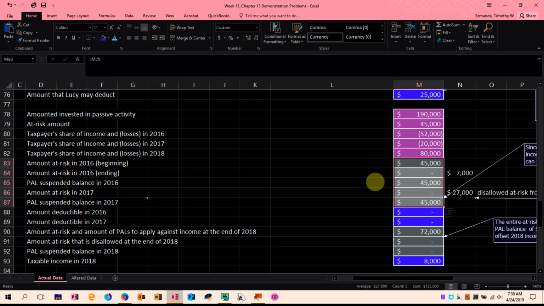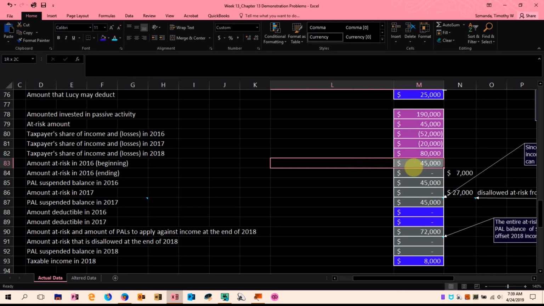Then the amount that gets through to the passive activity loss test, the PAL test, we also now have to track that balance of the suspended passive activity losses. So we have these 2 balances that we need to consider, but we also have to remember that the at-risk rules must be determined first, because losses need to make it through the at-risk rules in order to get to the passive activity loss test.